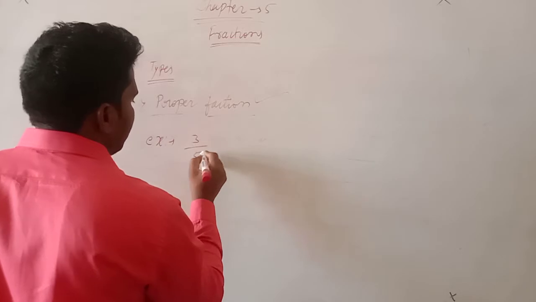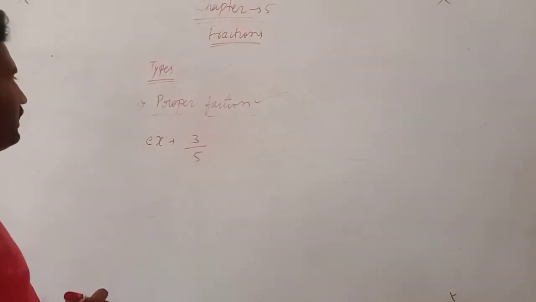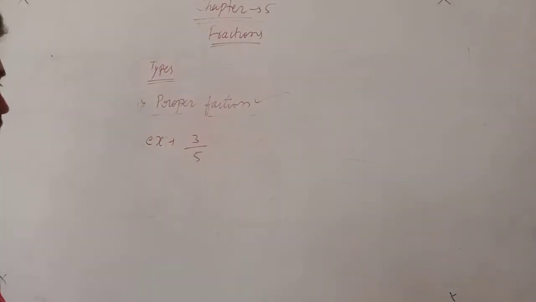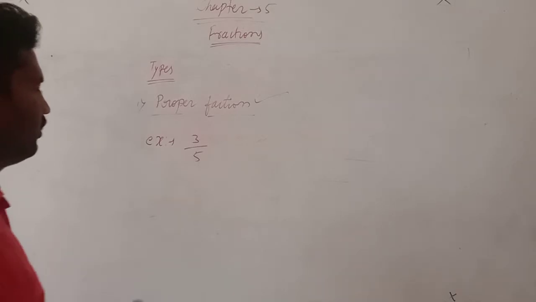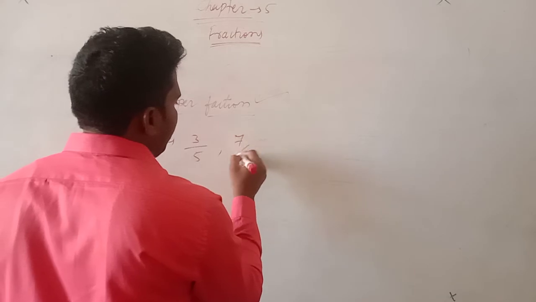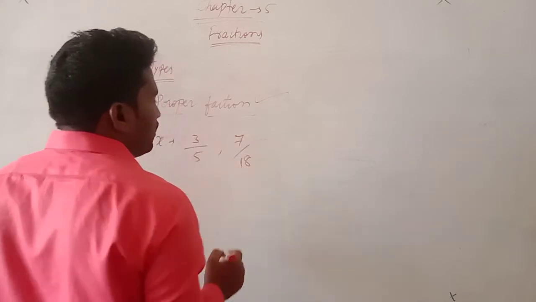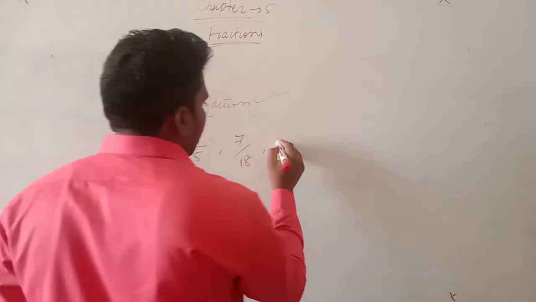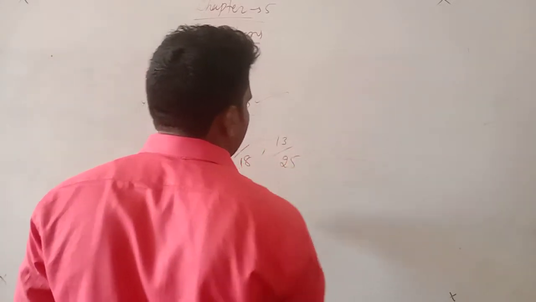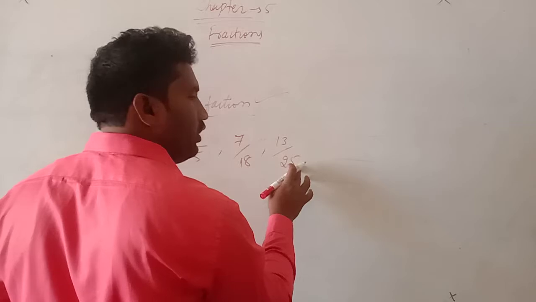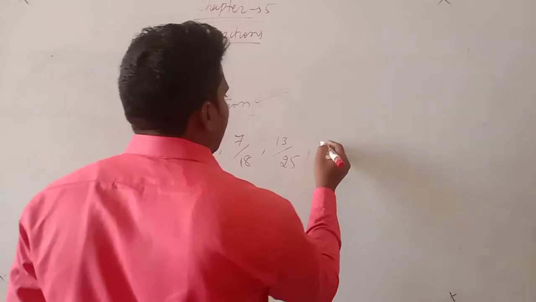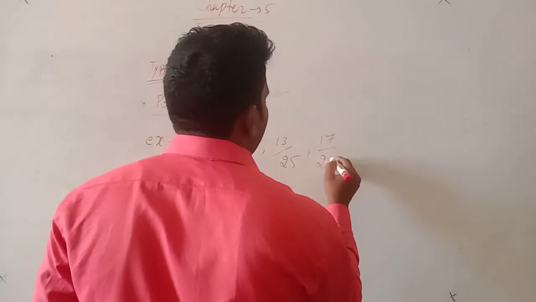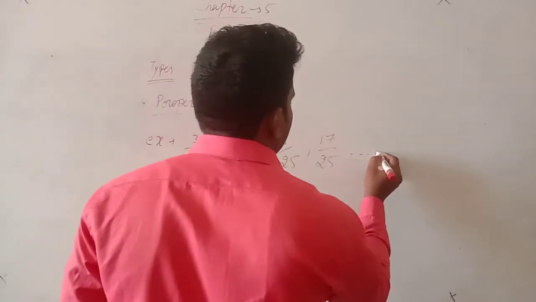So 3 by 5. What are we observing here? The numerator is less than the denominator. 7 by 18: the numerator is smaller and the denominator is greater. 13 by 25, 17 by 25, etc.